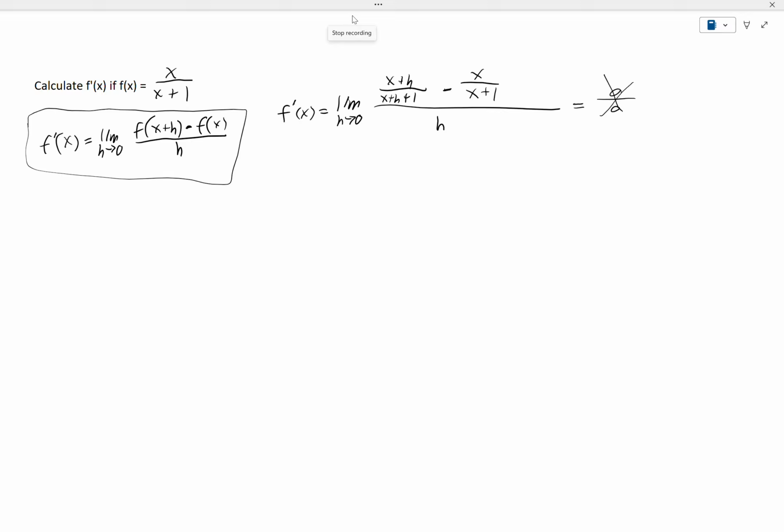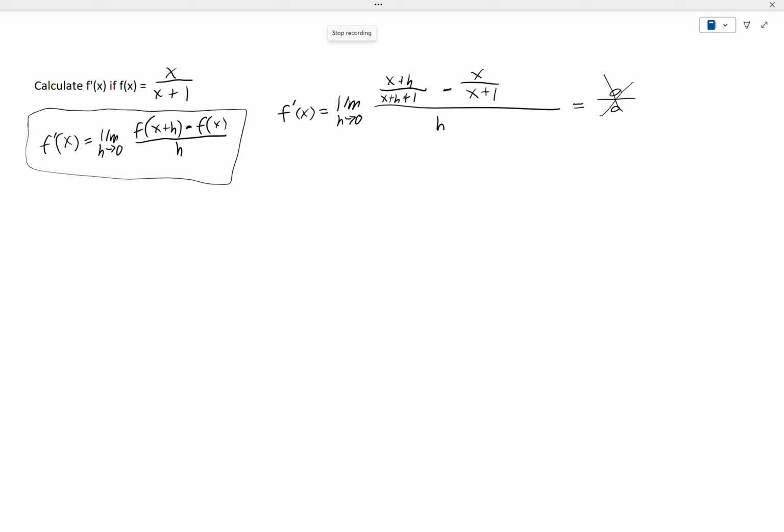It doesn't give me any useful information. So our goal is to rearrange this using algebra so that I don't get 0 over 0. So how do I do that? If you see fractions in the numerator, it's a good indication that you should be looking for common denominators. That might help simplify things.